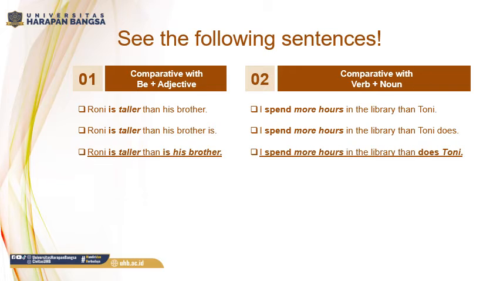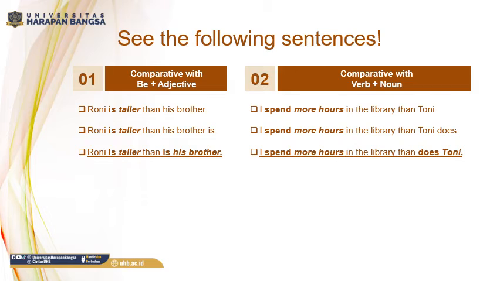Kalau subjeknya tunggal kita pakai does, kalau subjeknya jamak kita pakainya do, sedangkan kalau konteksnya lampau kita pakainya did. That's why here we have sentence I spend more hours in the library than Tony does. Konteksnya present, spend, kemudian subjek yang kedua adalah Tony. Karena Tony singular, kita pakainya does.